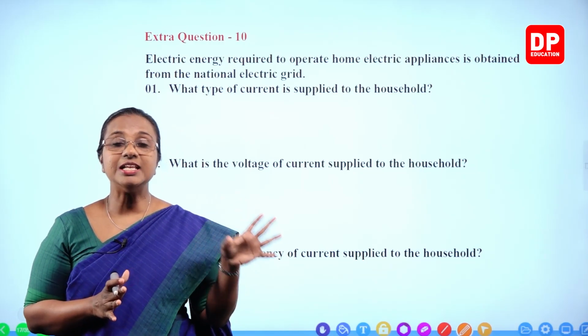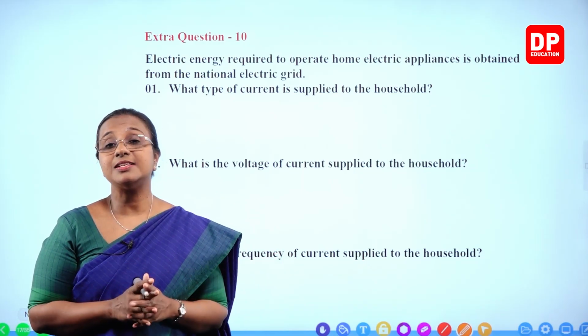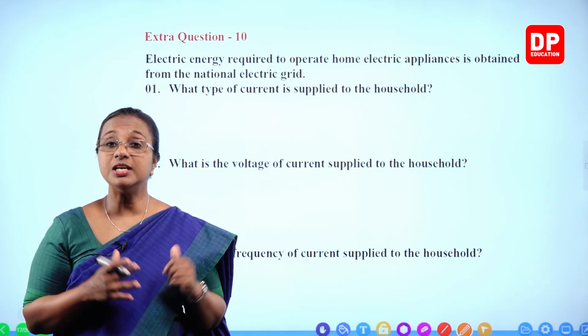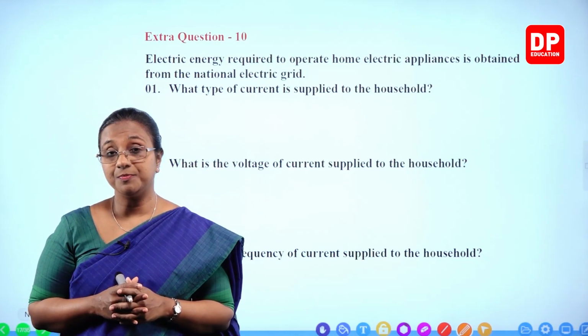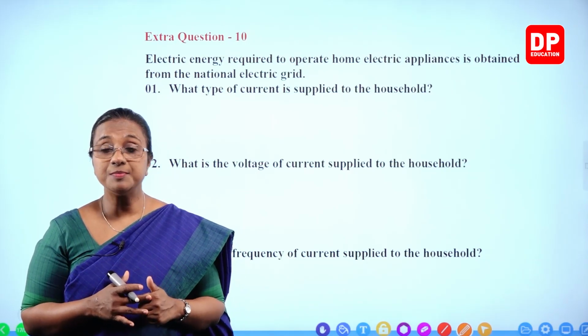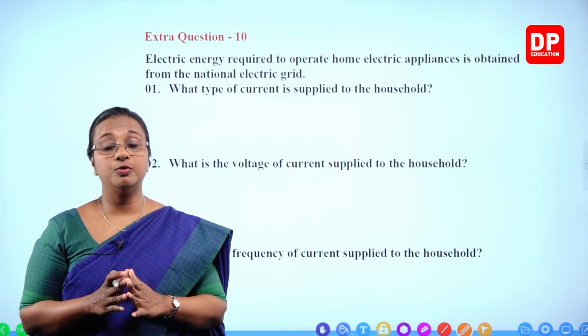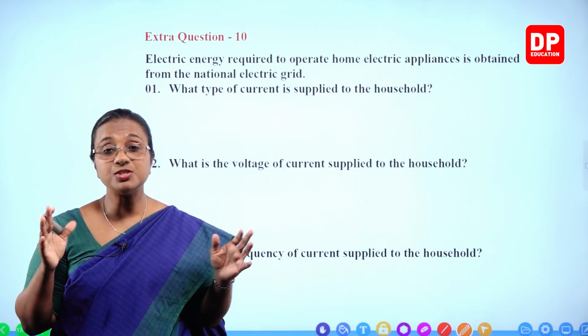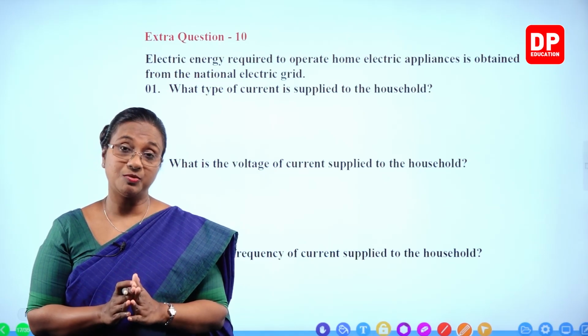Initially it is the power plant where the electricity is generated, and from there the electricity is supplied to the national electric grid. There the voltage becomes 132 kilovolts or 220 kilovolts. The voltage is increased using the step-up transformer.